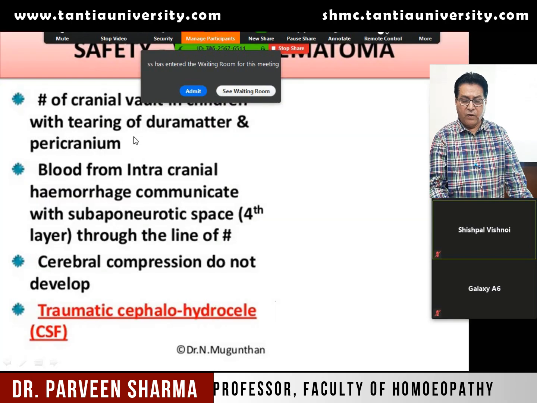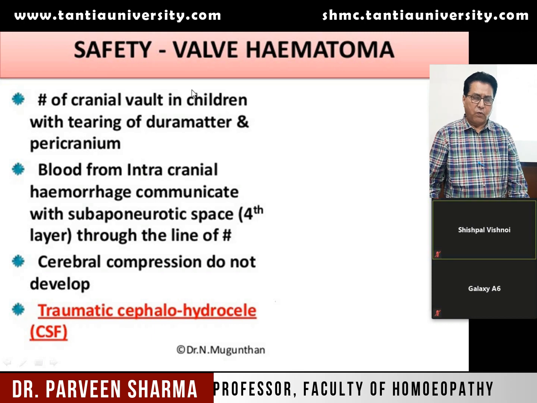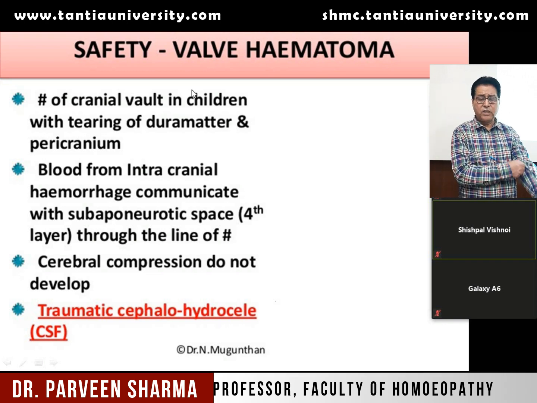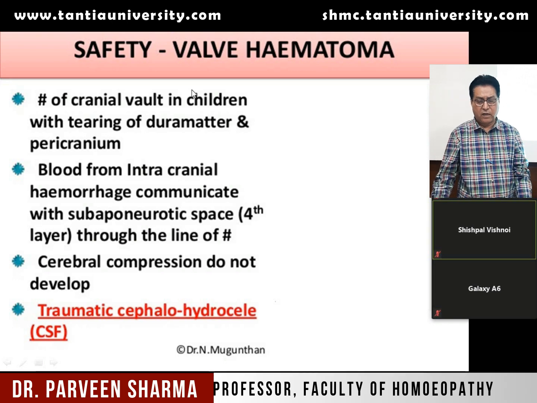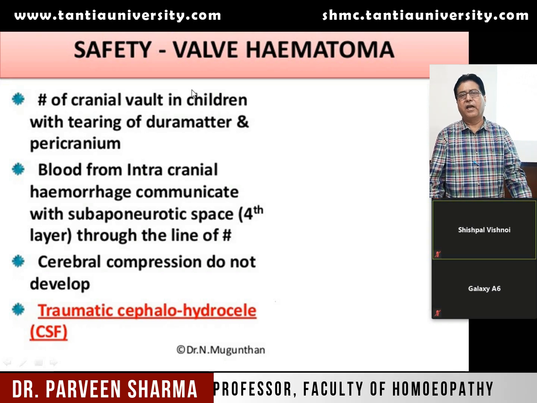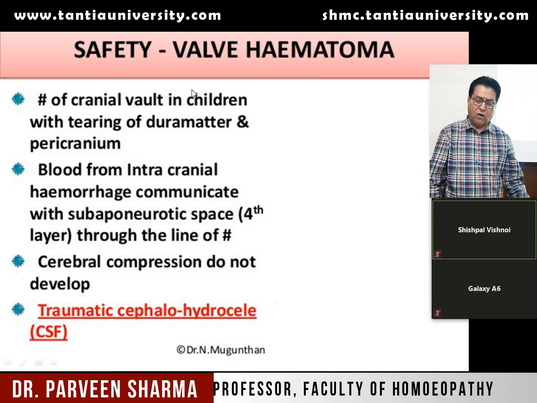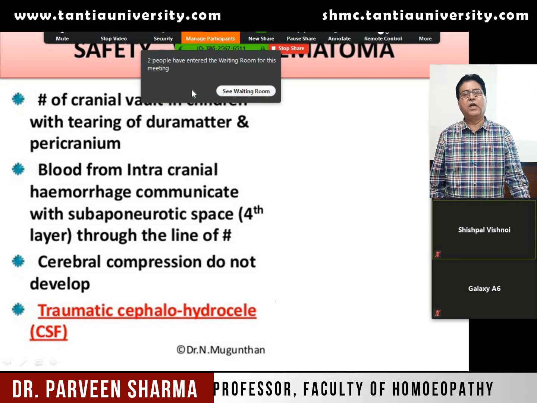Now other than that, we have safety valve hematoma. Hematoma: when the blood comes out from a blood vessel and it gets collected and becomes hard, we call it hematoma. So in children, especially when there is a tear in the dura mater and pericranium, the last layer of the skull, the blood from the intracranial hemorrhage communicates with the fourth layer through the line of fracture.